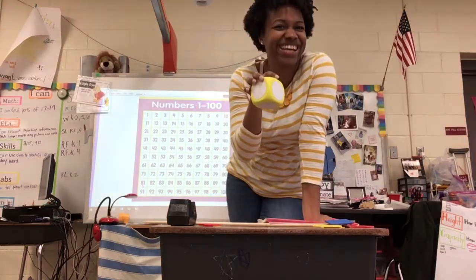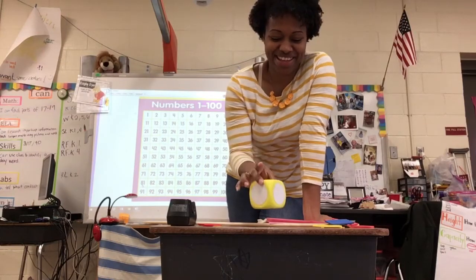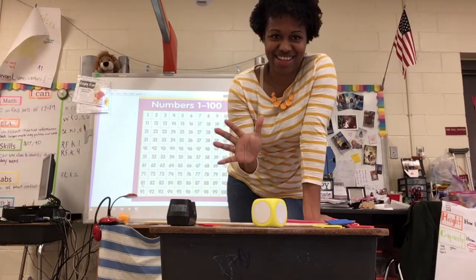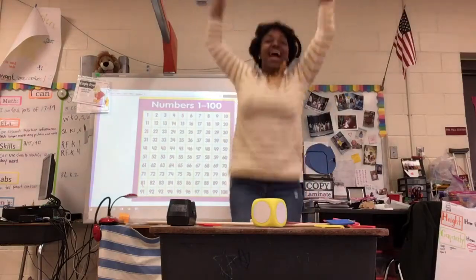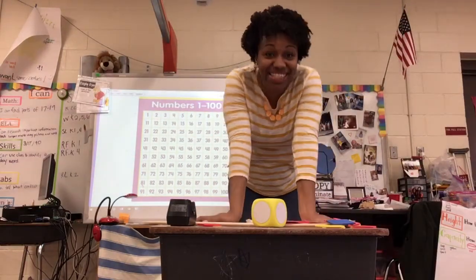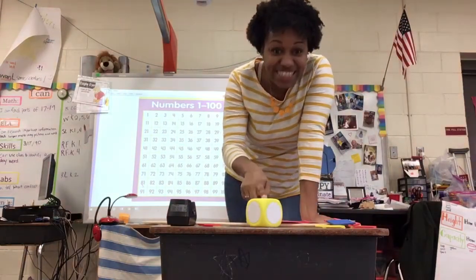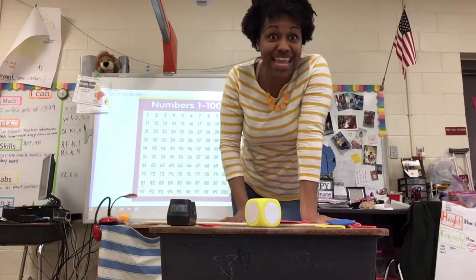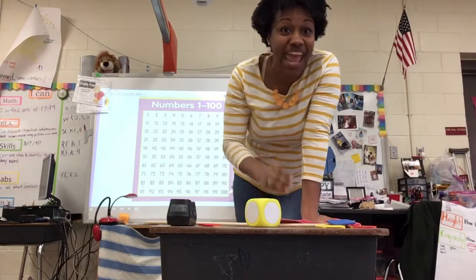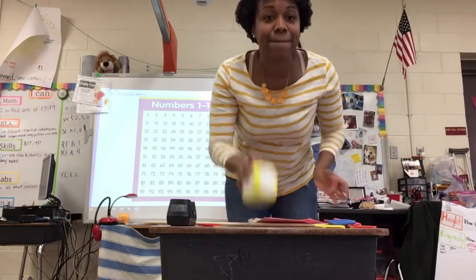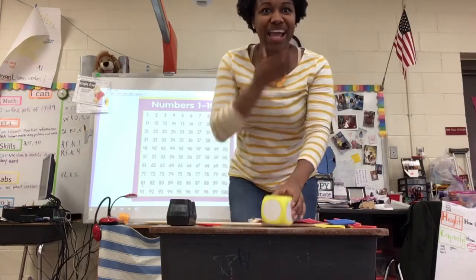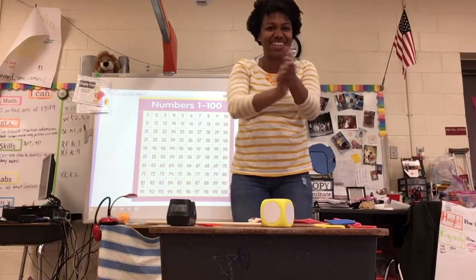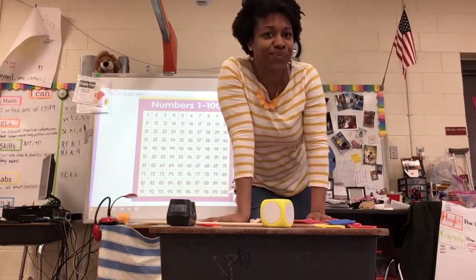It stood up! Yes, it did. It stood by itself. It didn't fall over. So that means it is a 3D shape because it can stand by itself. I'm so proud of you. Give yourself a hand.